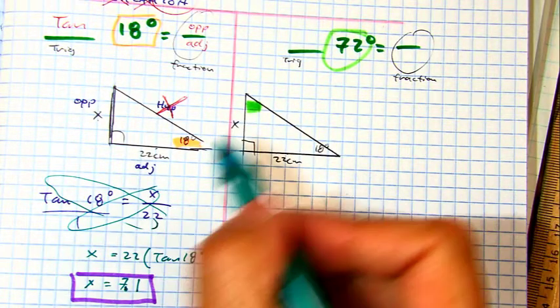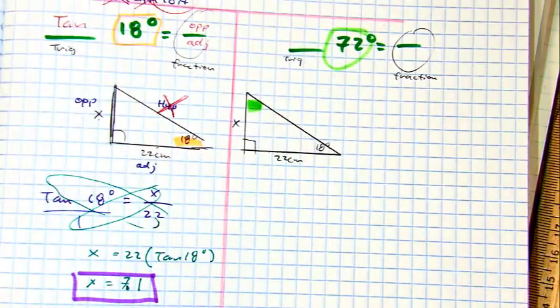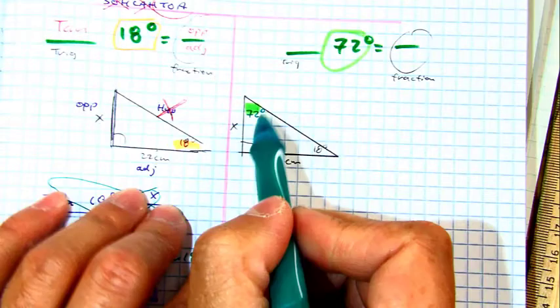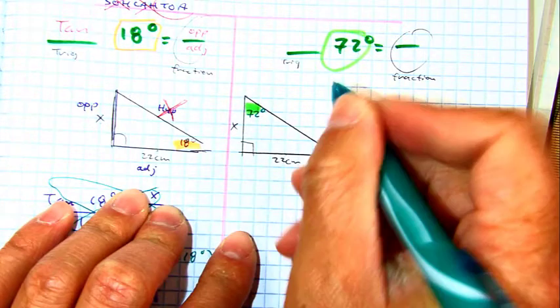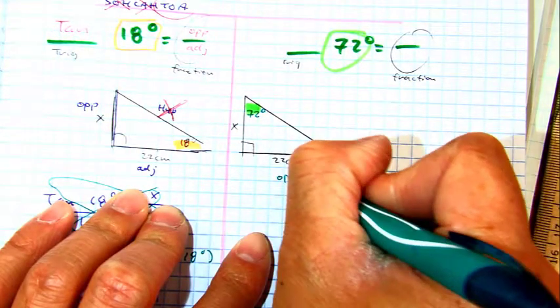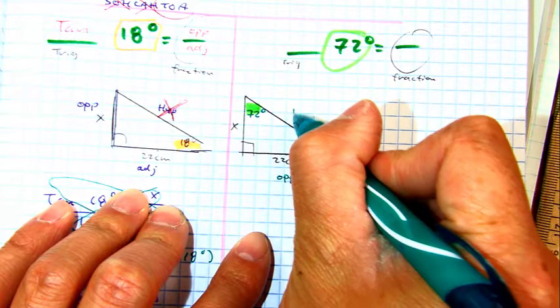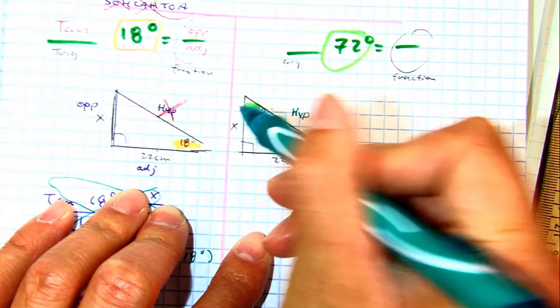Kayla, the green here is how many degrees? 72. Let's label the sides together. If you go across, this one's called the opposite. Across this one, the hypotenuse. And then the x is adjacent.